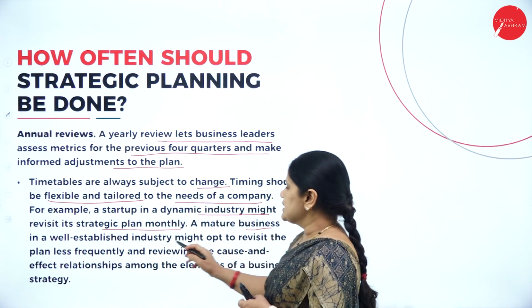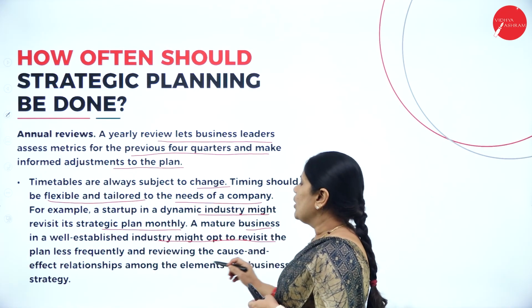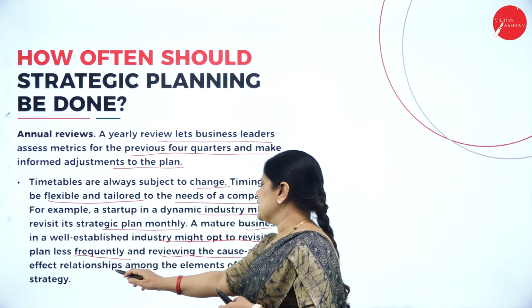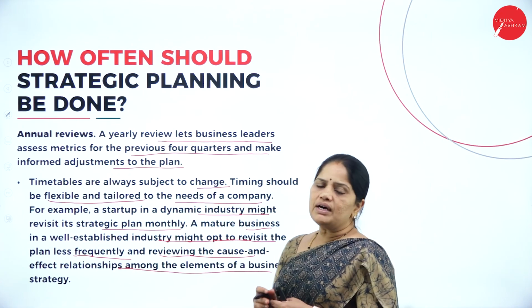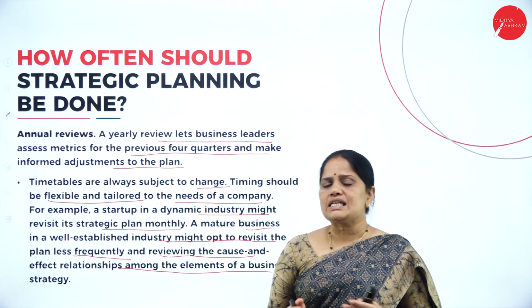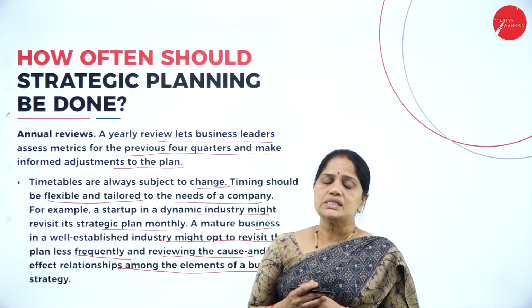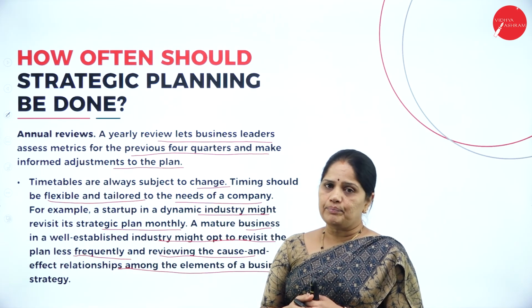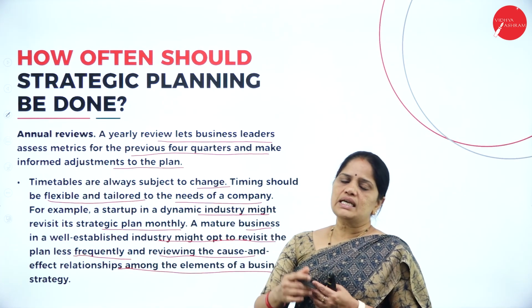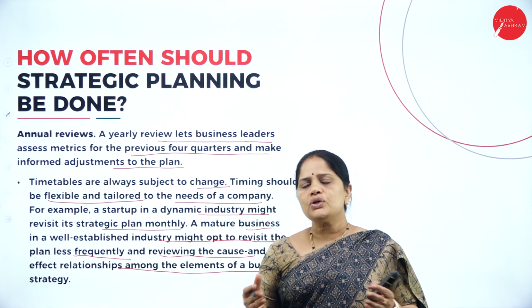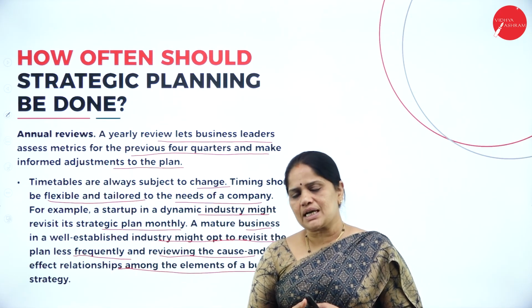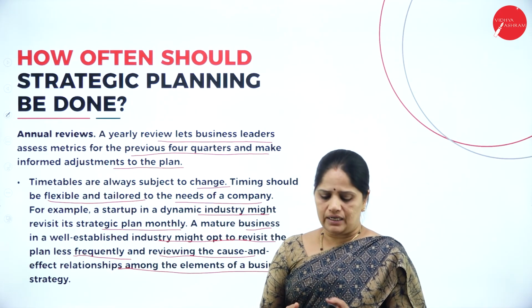A mature business in a well-established industry may opt to revisit the plan less frequently, reviewing the cause-effect relationship among the elements of a business strategy. So, it all depends on the stage the company is in. If it is a new company, you need frequent reviews, but if it is well-established, you don't need so many reviews.